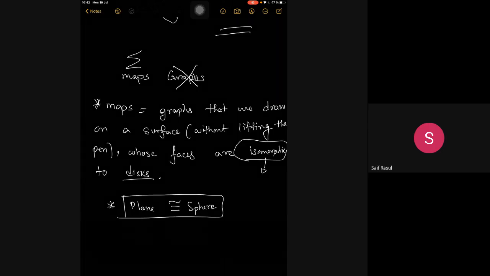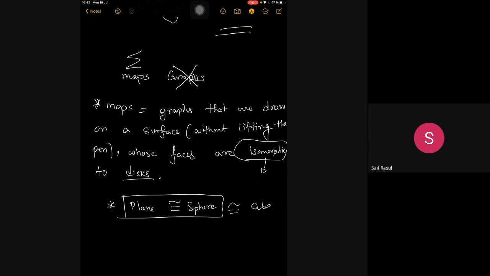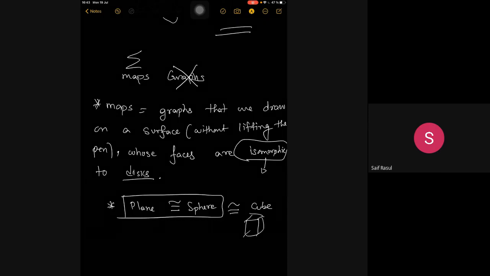But in a more physics or intuitive language, a plane is the same as a sphere, or let's say a cube. By that I mean you can deform the plane and turn it into a sphere or a cube.